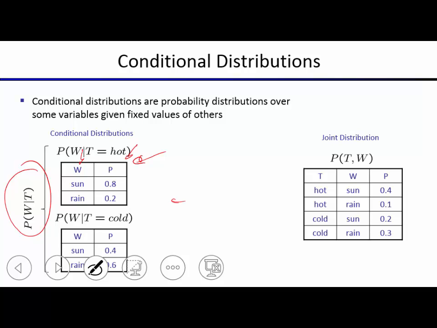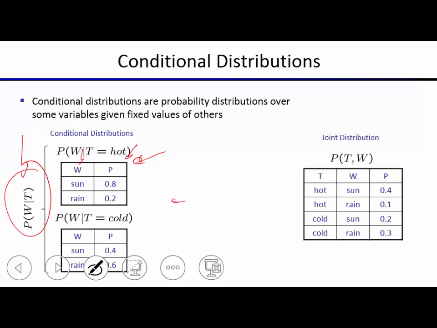In general, something like this will denote a set of conditional distributions where we have one table for each possible outcome of the variables that are behind the conditioning bar. This vertical bar here is the conditioning bar, and we'll have one table for each possible outcome of the variables behind it. All right, so that's conditional distributions.